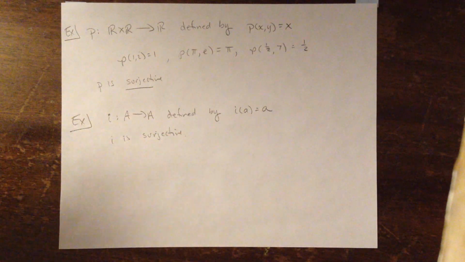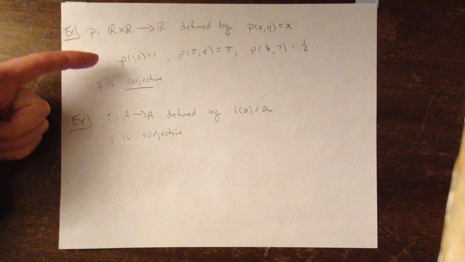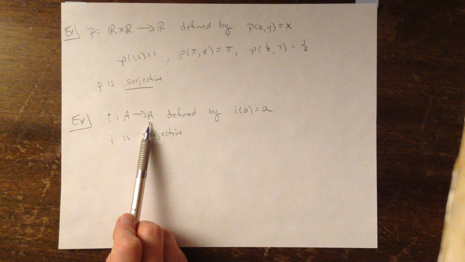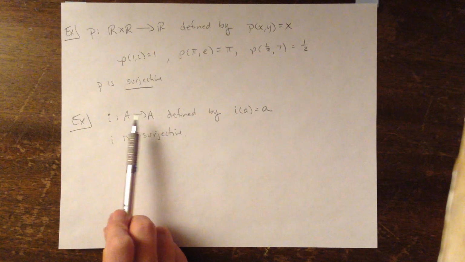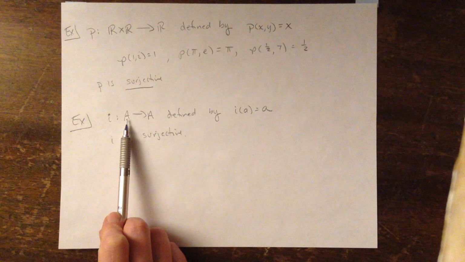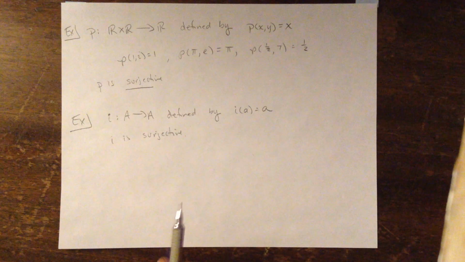Now it would be tough, I guess impossible, to give an example like I did up here of applying that function to something, because we don't know what the domain and the codomain are. But this fairly intuitively is surjective, because if I take an element A in A, or an element B in A, then that same element A or B is going to get sent there by the identity function.